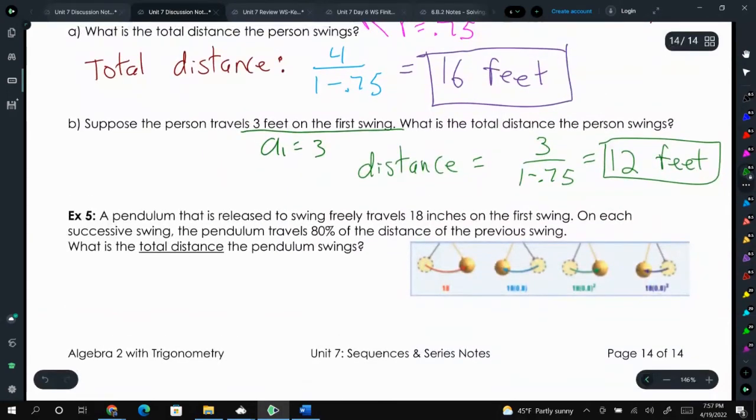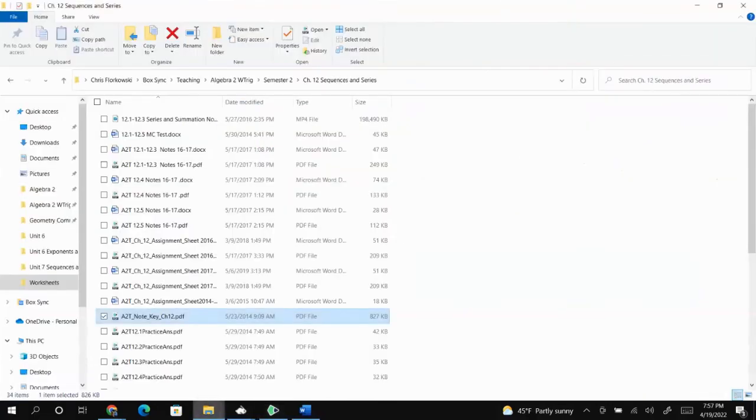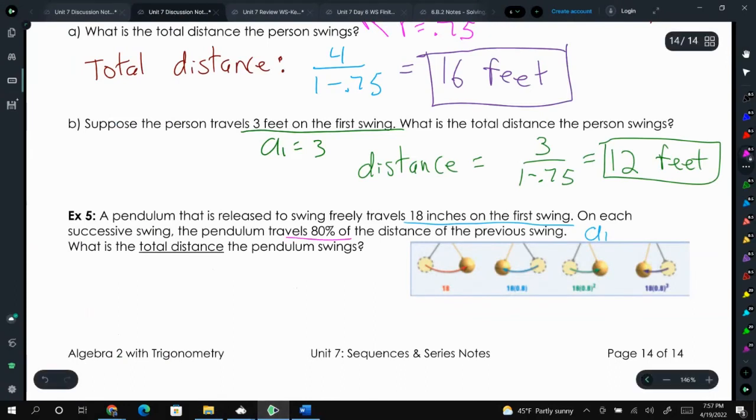Now, the last problem here, we have a pendulum that is released and travels 18 inches on the first swing. So that is your a sub 1. On each successive swing, the pendulum travels 80%, okay, R equals 0.80 of the previous swing.